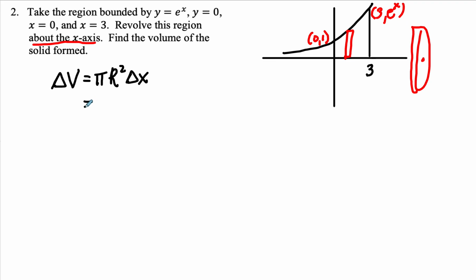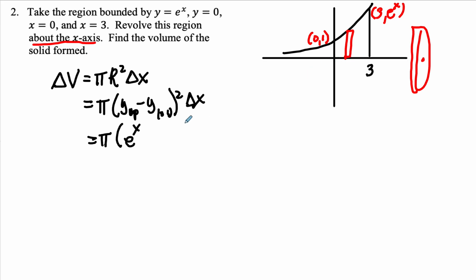So the radius will be the y of the upper minus the y of the lower, squared, and then delta x. Now the y of the upper is our exponential, which is e to the x. Our y of the lower is y equal to 0, which I won't bother saying minus 0, squared, delta x.